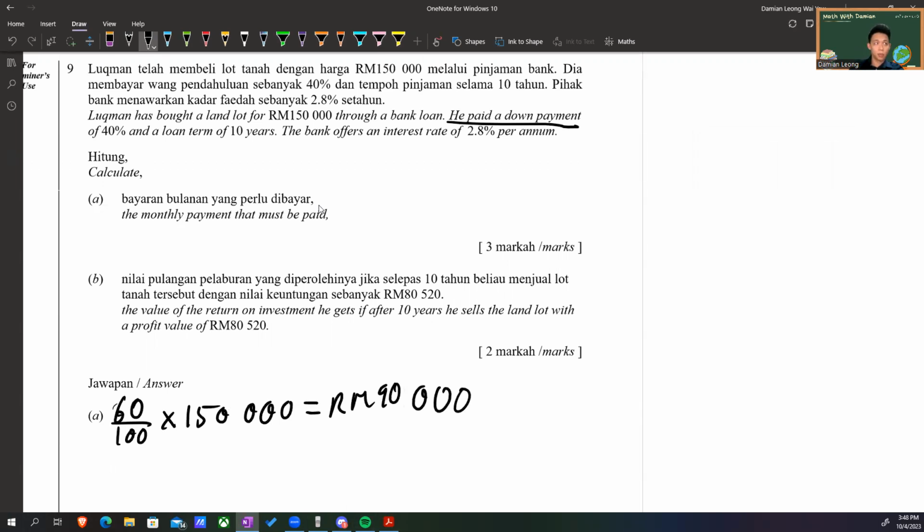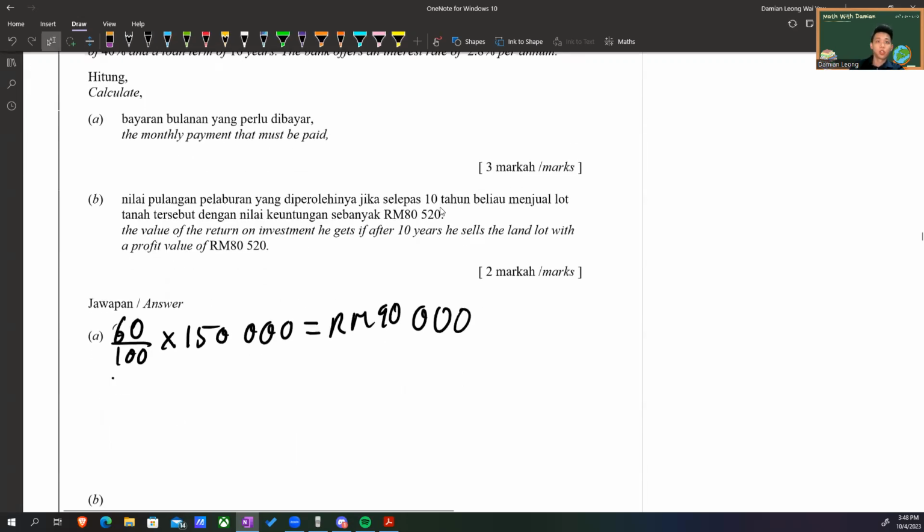I'm assuming this is a flat interest rate. So I want to count the total repayment, which is principal plus principal times interest rate times time, meaning principal plus the interest.